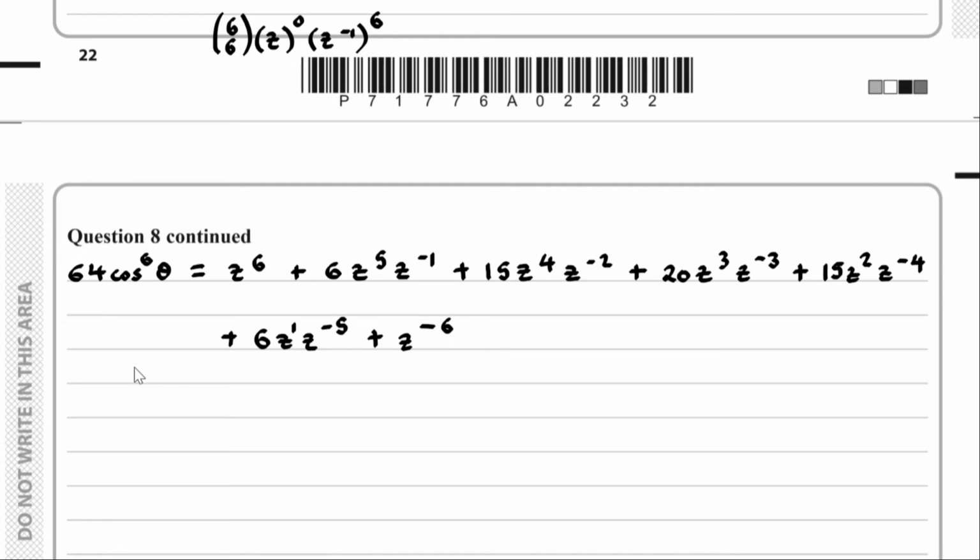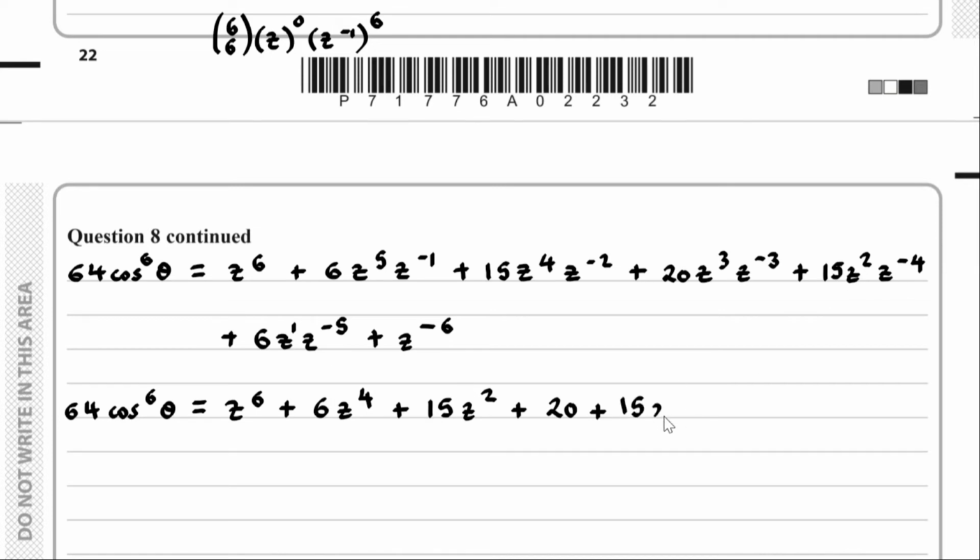And if we simplify this, on the left hand side I've still got 64 cos theta to the 6, and here I've got z to the 6 plus 6z to the 4 plus 15 z squared plus 20 plus 15 z to the minus 2 plus 6z to the minus 4 plus z to the minus 6.